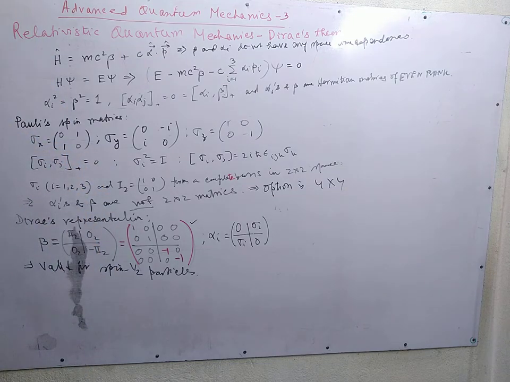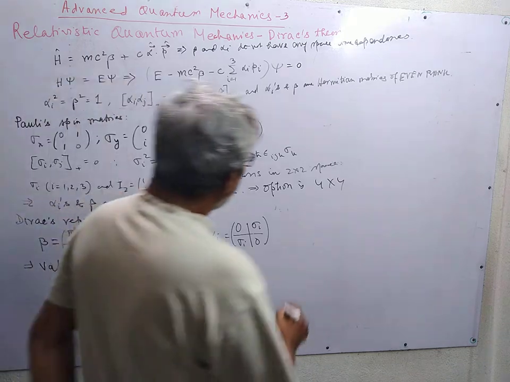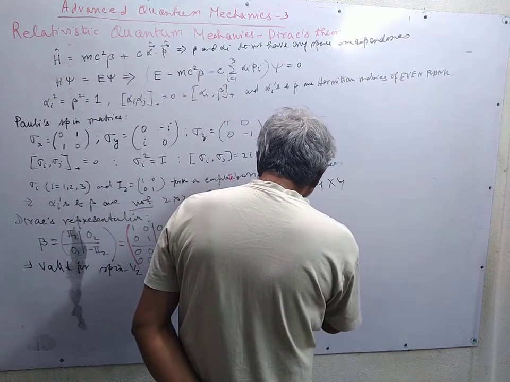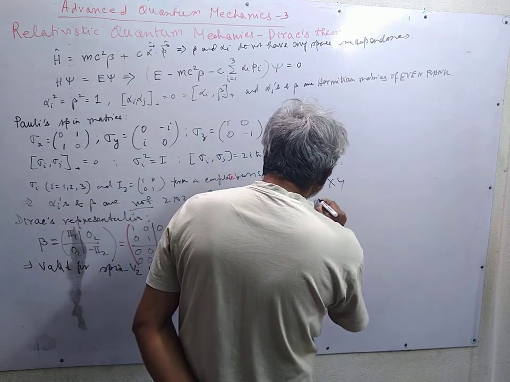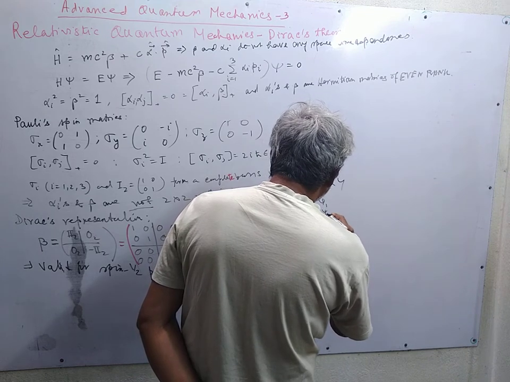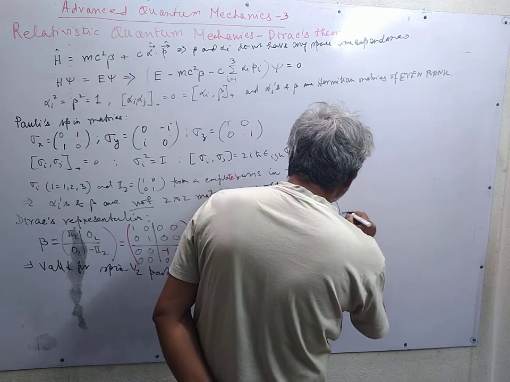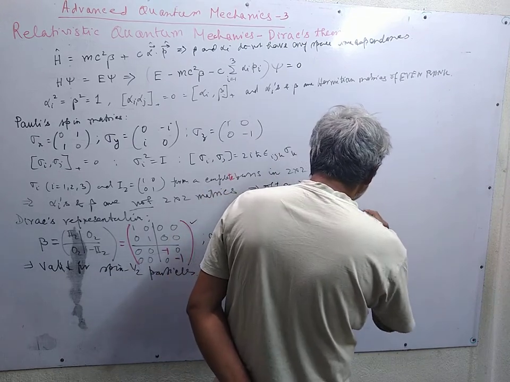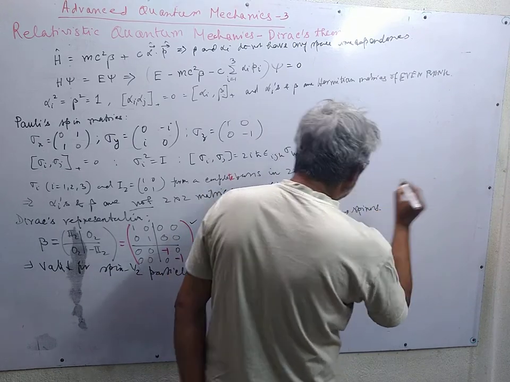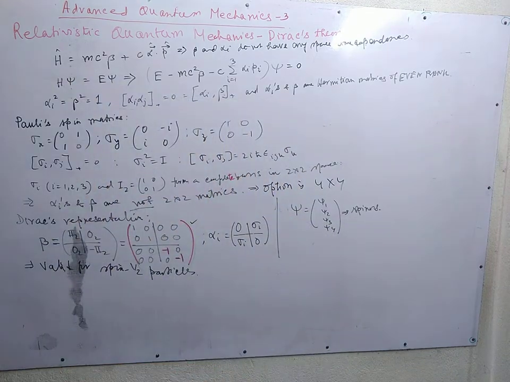They are called Dirac spinors. Just for information, a particle of spin 1 is represented by a 10 by 10 matrix.